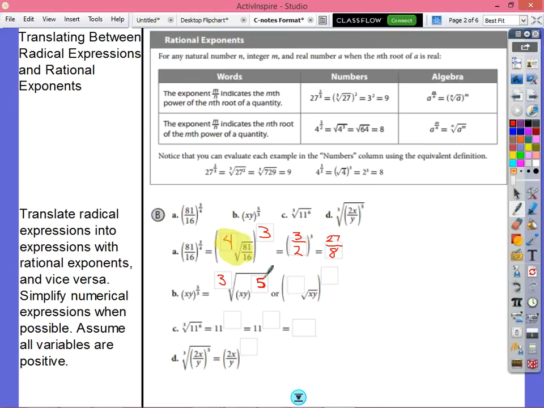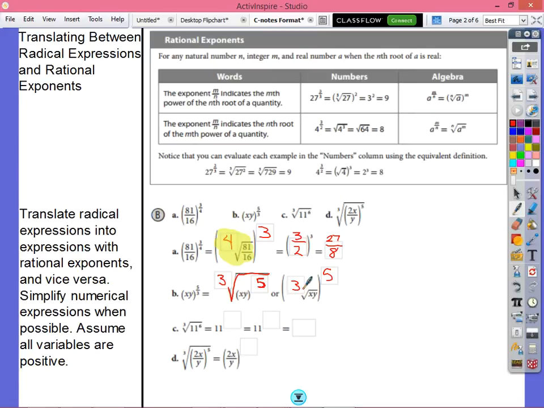We could write the 5 either inside the radical or outside the radical. Notice it does not matter whether we put the 5 inside the radical sign or outside the radical sign. These two are the same. Okay, that's all we need to do there.